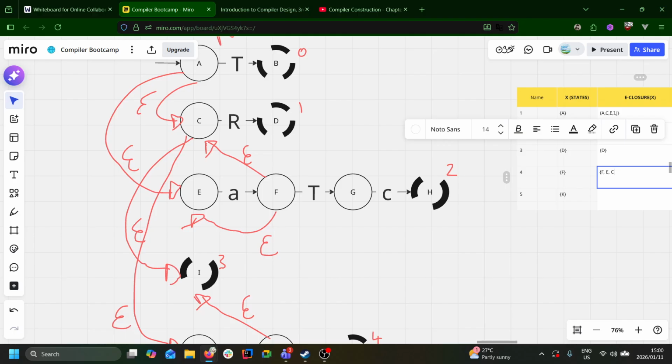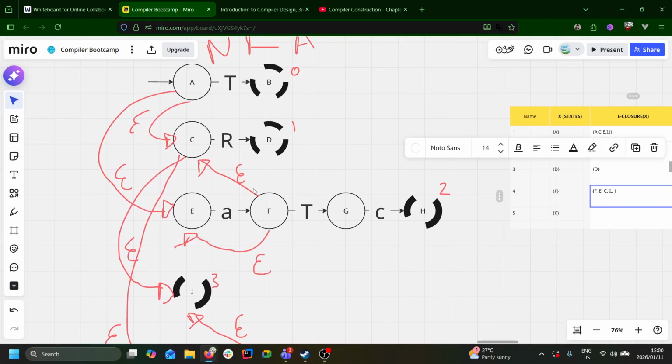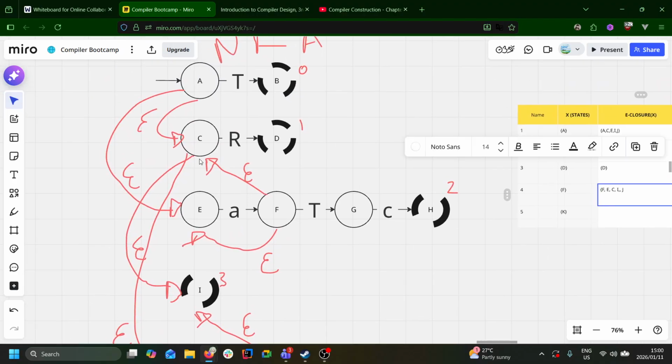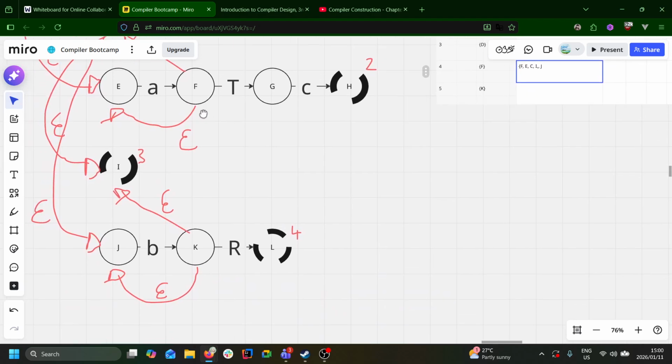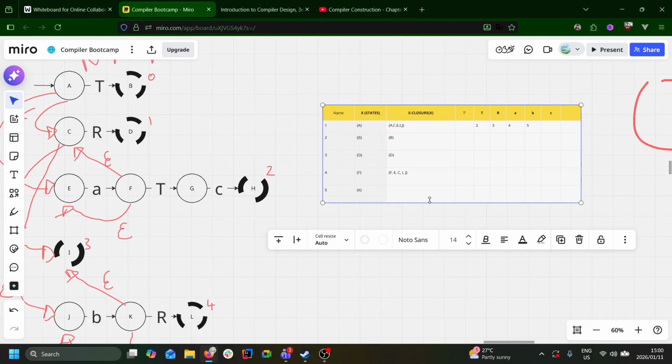So we just keep following. And I think those are all the transitions. So it's F, C, E, I, J. So that's the epsilon closure of F.